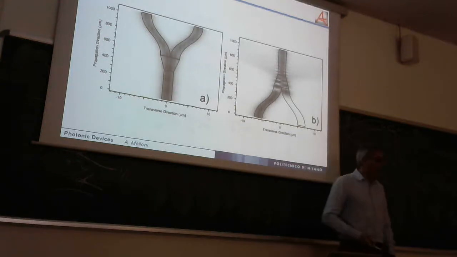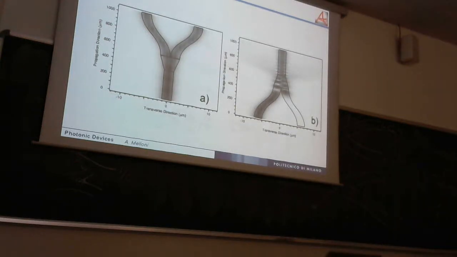This is a simulation of the Y branch when you arrive with the fundamental mode from this side. So basically you arrive with A1 equal to 1 and A2 equal to 0.